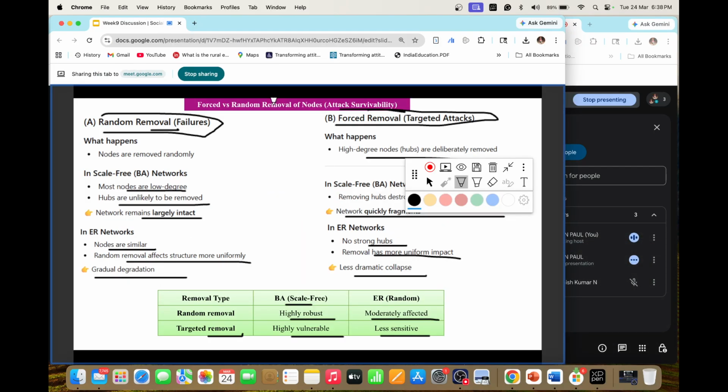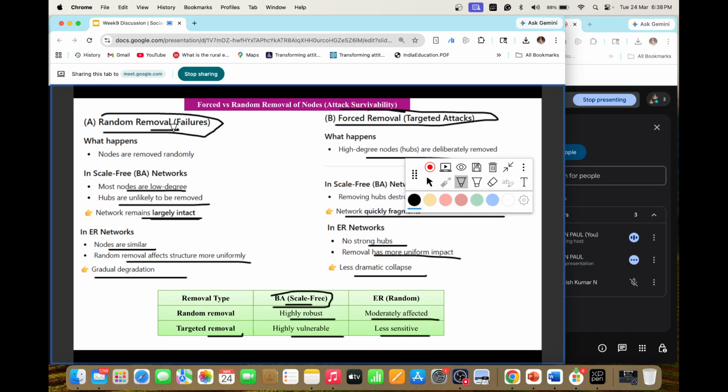In the case of random removal, the BA network is highly robust, so it will remain largely intact. When you randomly remove nodes, most nodes in the BA network are low degree nodes, so hubs are unlikely to be removed, and there is less effect.